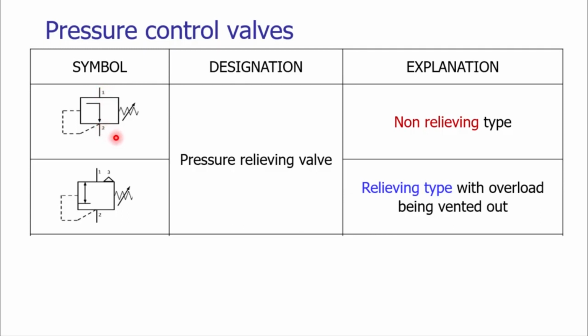But if the output pressure exceeds the cracking pressure of the system, then this valve is not helping us. For that purpose, we need a vent out or relief port, the exhaust port or the environment port. When the system pressure increases beyond the cracking pressure, the input pressure port will be connected to the vent port, that is, the environment port.